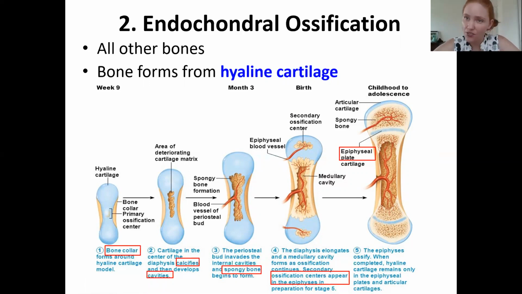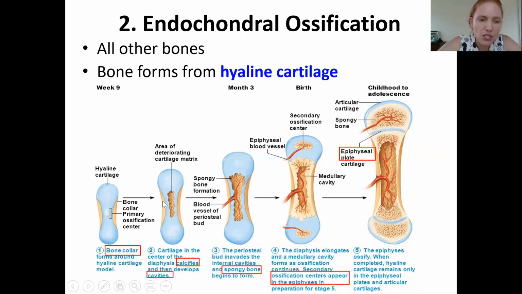They lay down matrix of the bone. And so what happens is you get what's called a bone collar. And the bone collar just refers to compact bone created around the outside, the diaphysis of that bone. Okay, so here's the bone collar right there. And that's where you have the very first part of the bone created.